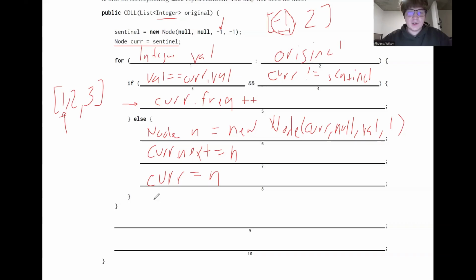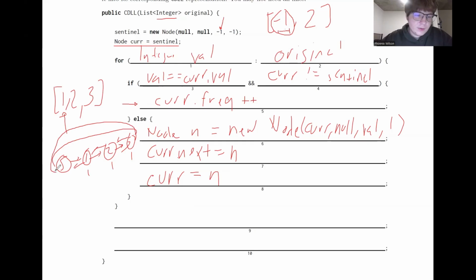Now, right now, we're at the case where maybe this is what our CDLL looks like for the list right here. Okay, these back pointers are already set. This is frequency 1. All we're missing are those connections right here, right? So all we have to do is just say, well, we update the sentinel's previous pointer.